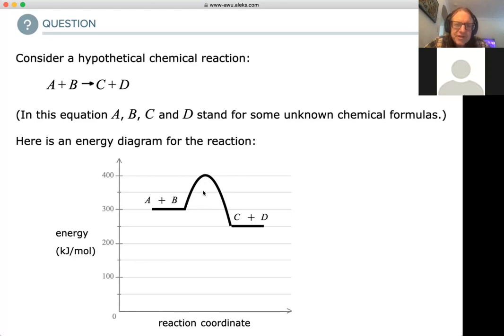So this is essentially the energy required to break chemical bonds. Now, we don't know what bonds are being broken here because we don't know what these substances are. A could be H2O, so you're breaking an oxygen-hydrogen bond. B could be NO, you're breaking a nitrogen-oxygen bond. We don't know. But bonds are going to be broken here, and then bonds are going to be formed here. And notice what happens. The formation of bonds lowers the energy.